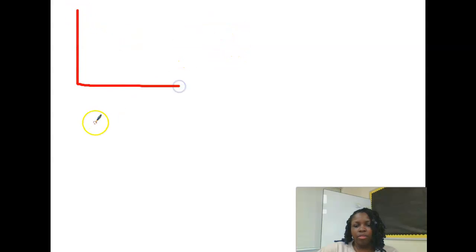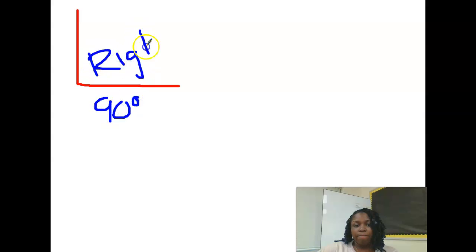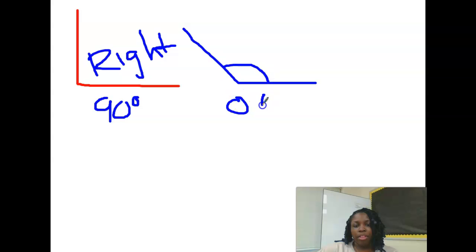What kind of angle is this? Great, this is a right angle. And how many degrees are in this angle? Good. We know this is a 90-degree angle. We know that this angle is an obtuse angle because it's bigger than 90 degrees. It's wider than a right angle.